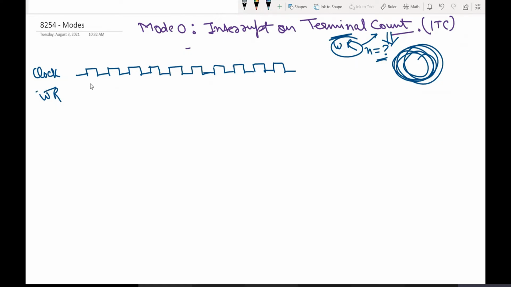You can see there is a bar on top, so it will take a single pulse as a low pulse. This is the place where your count will be loaded inside the system. Let's say I load a count value. Let's start with a very small value, n is equal to 4. On the basis of this, our output will come.